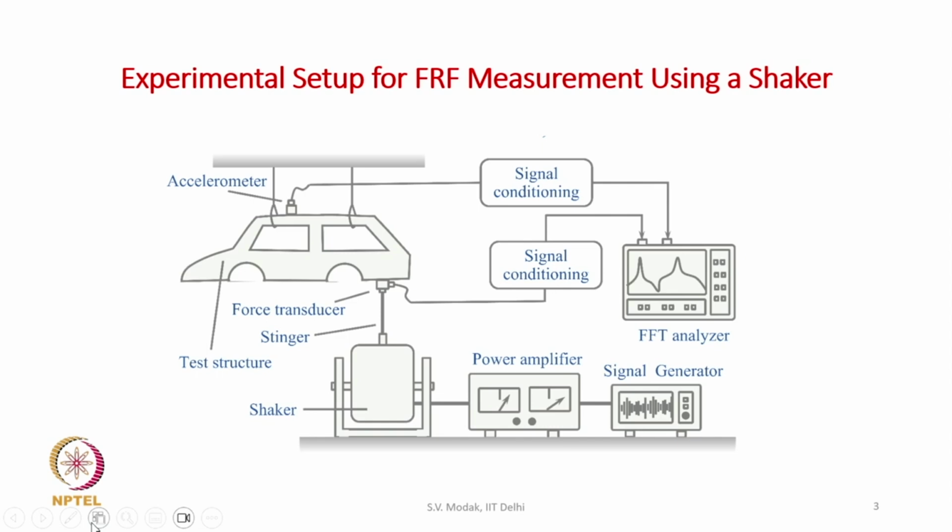And this is the vibration shaker, which would generate an alternating force along its axis of vibration. In this case it is going to generate an alternating force in this direction. This force is then transferred to the structure through a stinger, and in order to measure the force that is being applied, a force transducer is used. You can see that this is the force transducer.